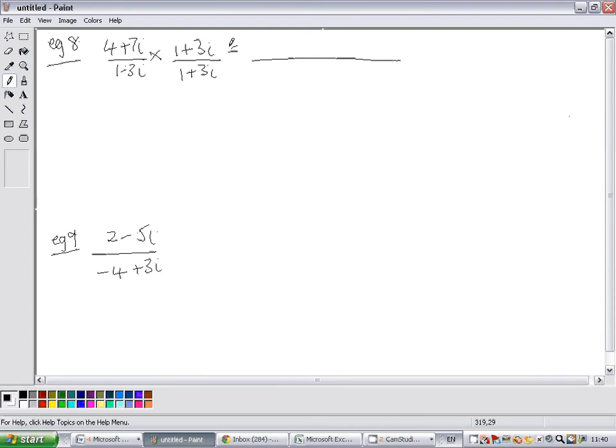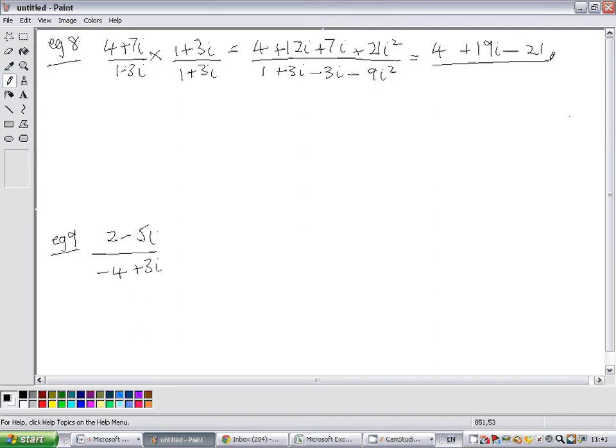So the top is going to be 4 plus 12i plus 7i plus 21i squared, and the denominator will be 1 plus 3i minus 3i minus 9i squared. If we sort that out, on the top we have 4 plus 19i, and then remember i squared is minus 1, so that becomes minus 21 at the end.